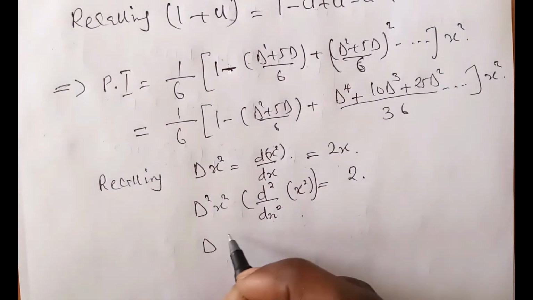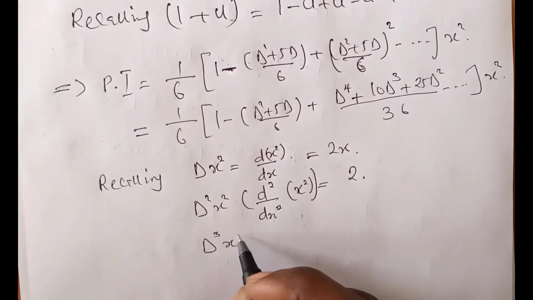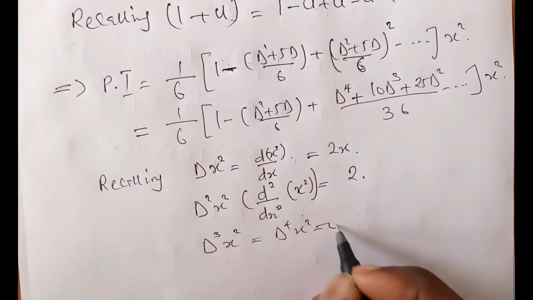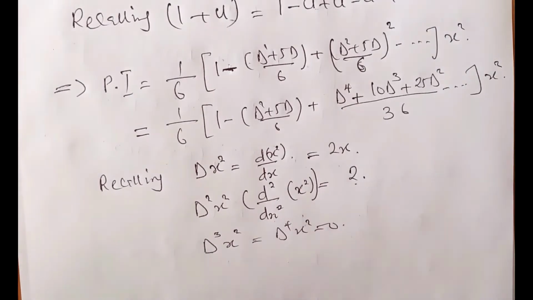So higher derivatives of x squared are all equal to 0, since the second derivative is 2.